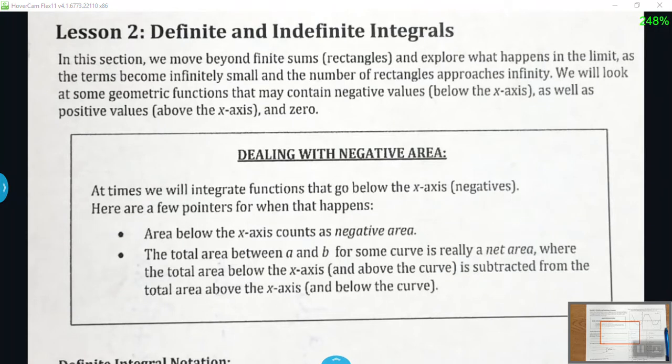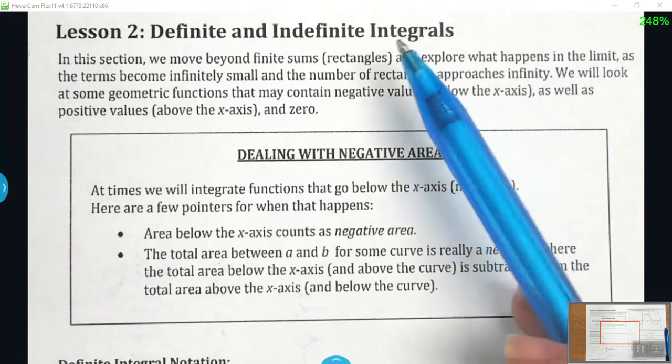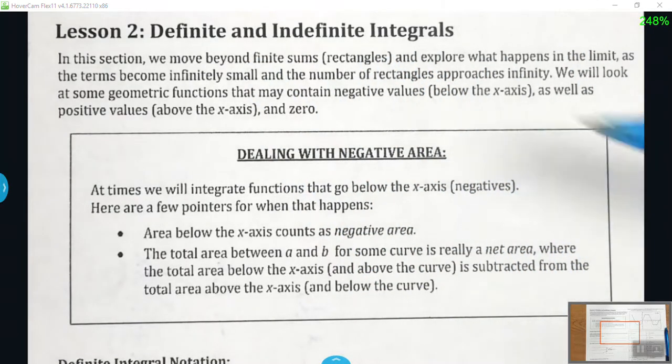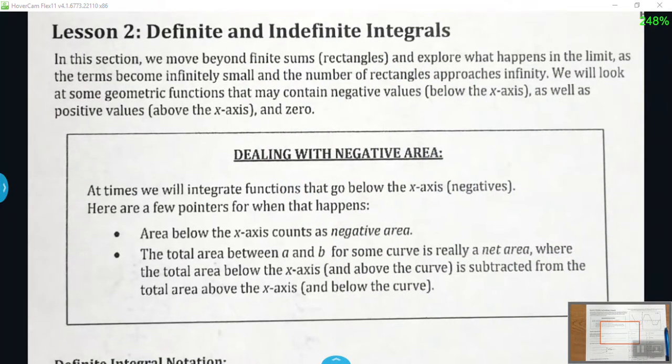So, a special note: when you're doing a definite integral, you're going to have positive area if it's above the x-axis, but if you draw a rectangle below the x-axis, then the y value is negative, right? And if you multiply a negative y value times the base, you get negative area.